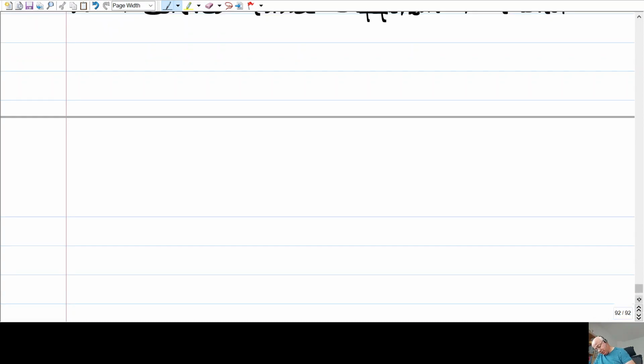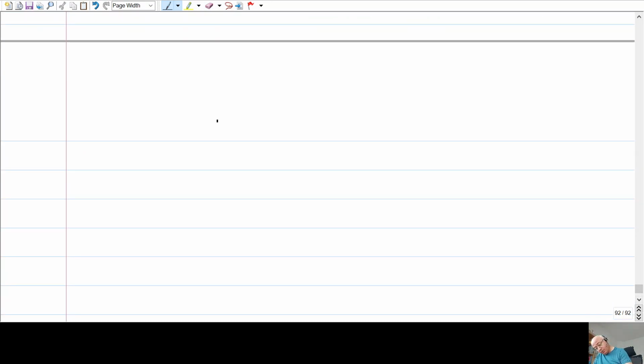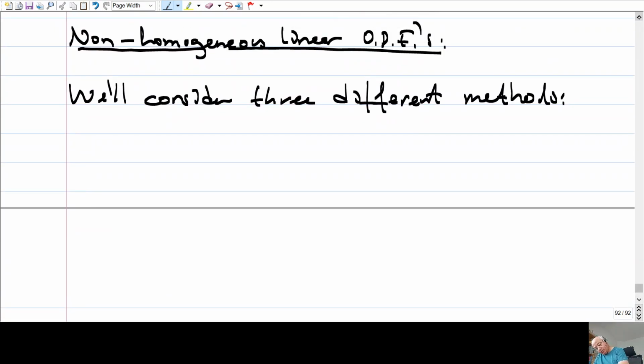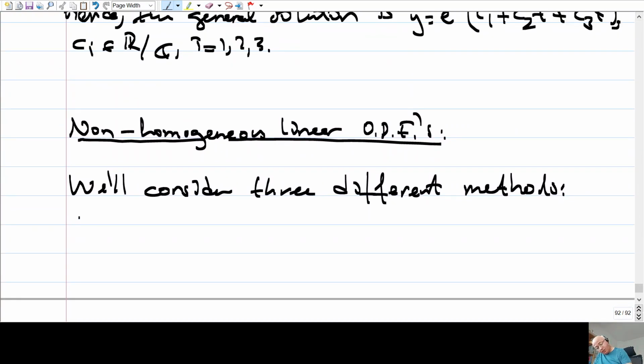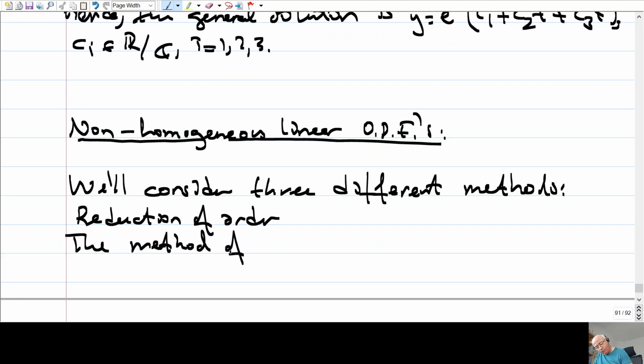So let's start with, let me write here. Three methods. Reduction of order. The method of undetermined coefficients.